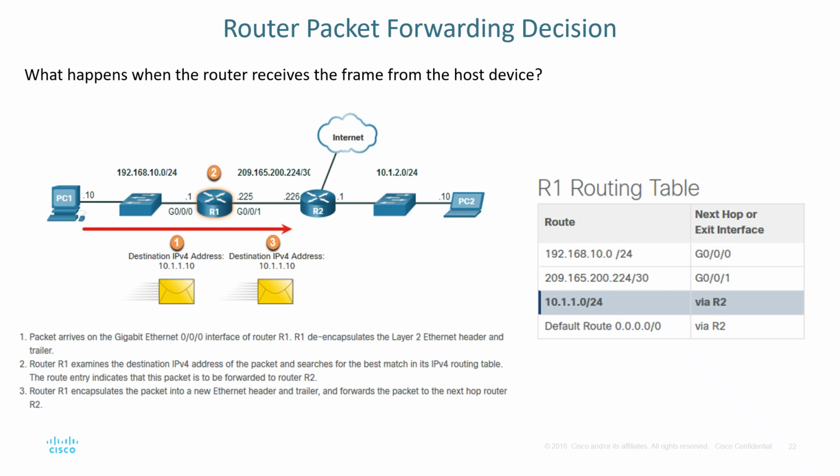Now, what happens when the router receives the frame from the host device? So the first thing that happens is the packet arrives on the Gigabit 0/0/0 interface of router 1. R1 de-encapsulates the layer 2 Ethernet header and trailer. So remembering back, in encapsulation, this is my data at the application, presentation, session.